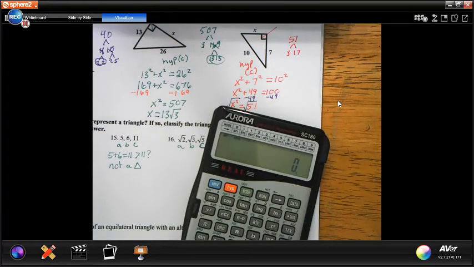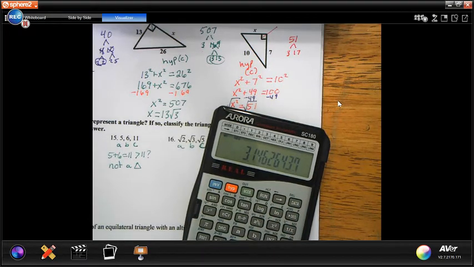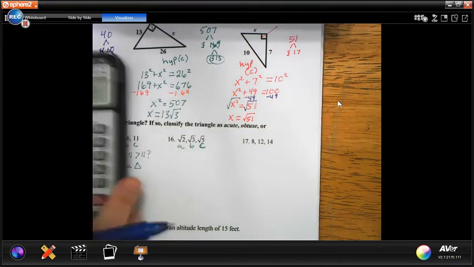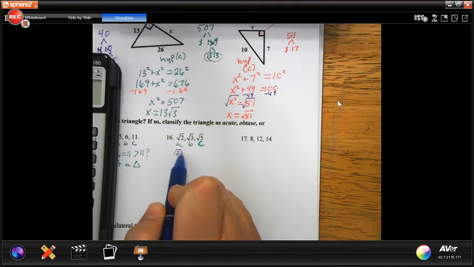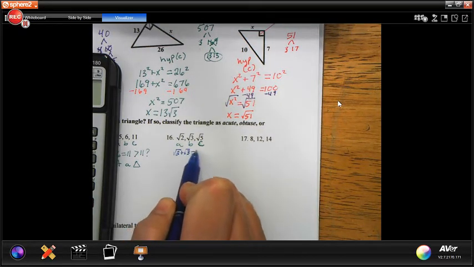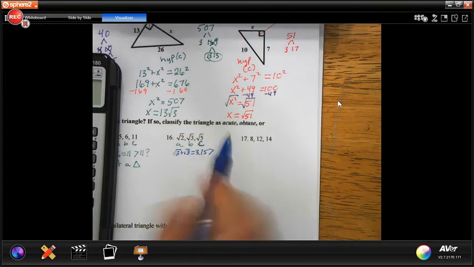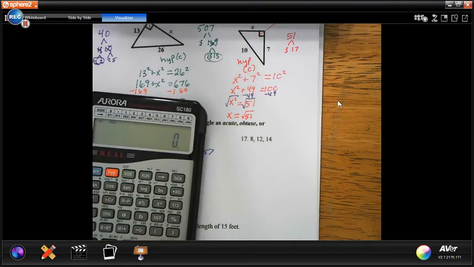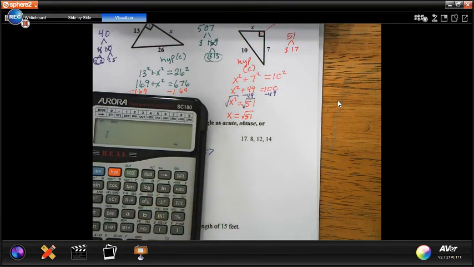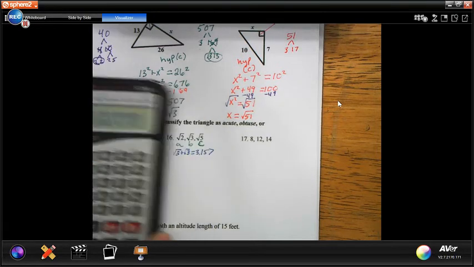Radical 2 plus radical 3 is 3.146. Okay, 3.146. Here, let's do this. I'll say 3.15. Is that greater than radical 5? So let's do radical 5. 2.24.